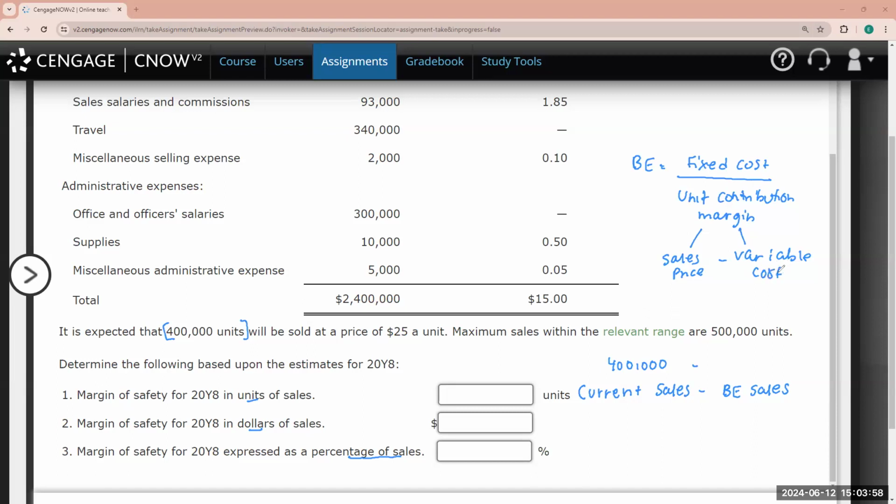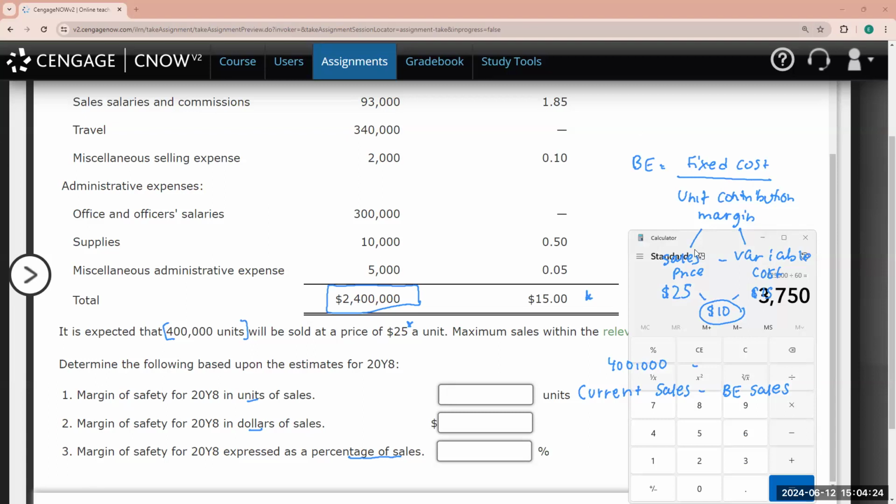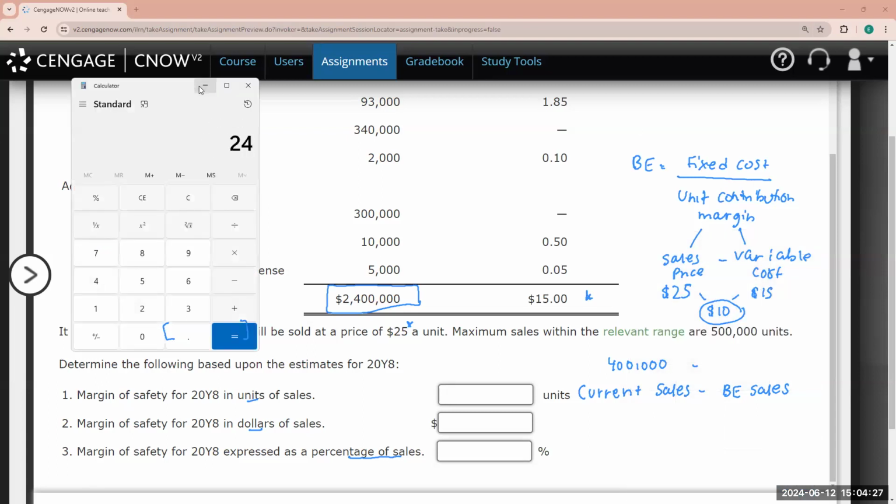Based on this information, they will sell it at $25 a unit, and the problem lets us know that our variable cost is $15. So our contribution margin is $10 per unit, and our fixed costs are 2.4 million. So we get our calculator. We have 2.4 million divided by $10 per unit, which is our contribution margin. That means that our break-even sales are 240,000.